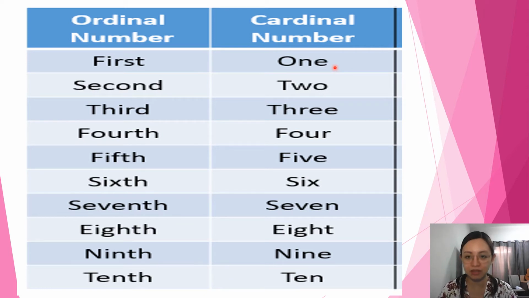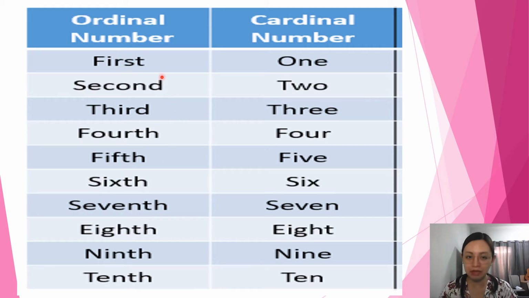So let's read all together this part, okay? 1, 2, 3, 4, 5, 6, 7, 8, 9, 10. So these words are called cardinal numbers. So when we are counting or saying how many pieces or how many things, we use cardinal numbers. While ordinal numbers are sequence, which means arrangements.